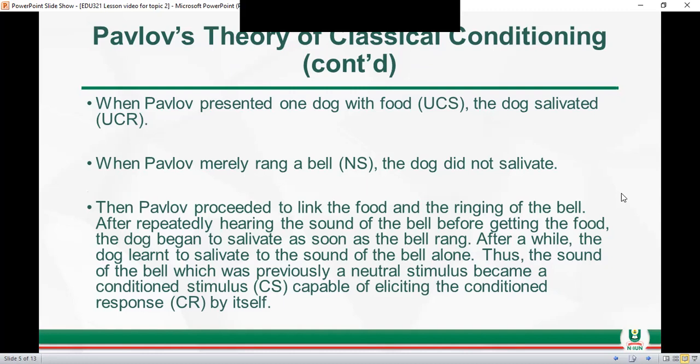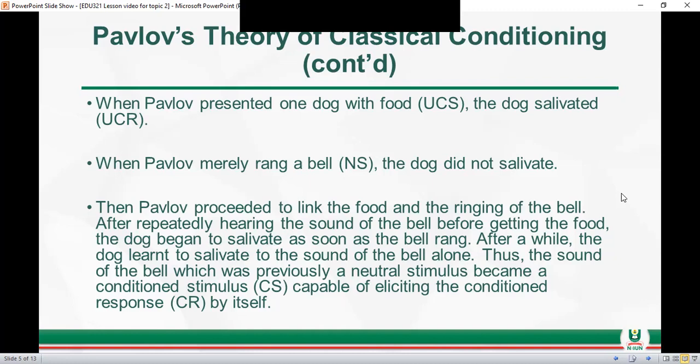Pavlov was a scientist in psychology working on a research study. Now, I'm just describing what motivated him to propound this theory of classical conditioning.